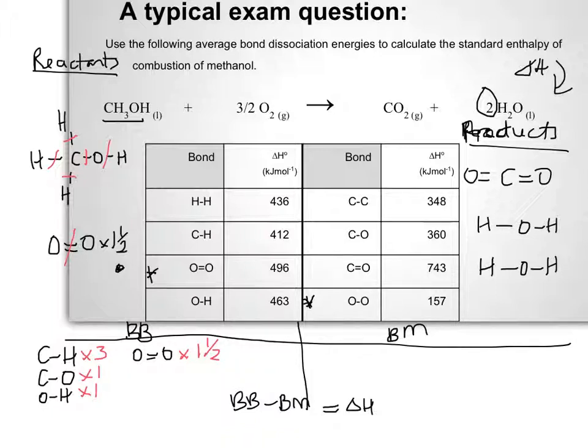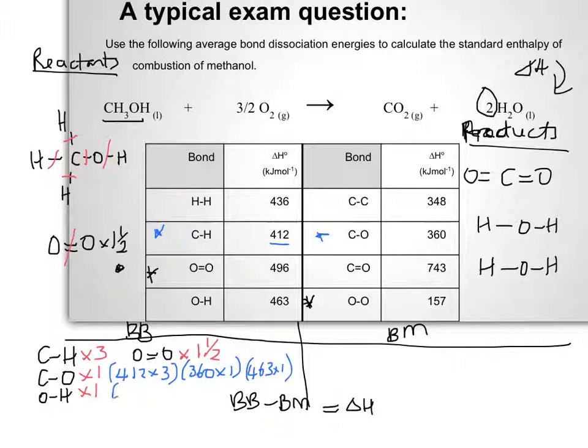So then we're going to look at our table and just add up all of those numbers. So if we look at the table for C to H bonds, the number's 412. So we're going to have 412 times 3. The C to O bond is 360, so 360 times 1. And the O to H bond is 463.